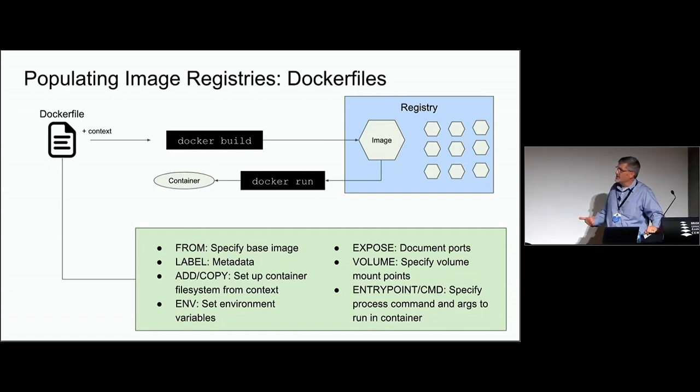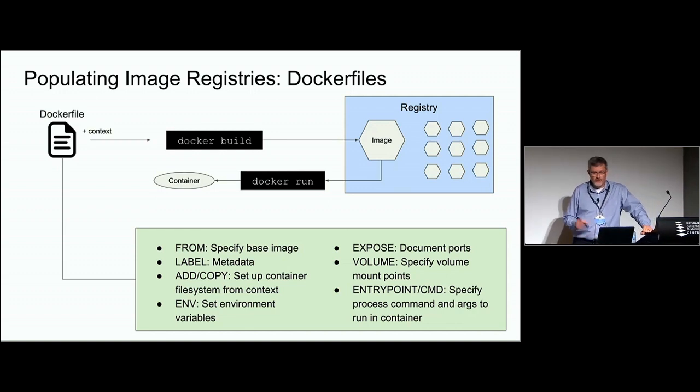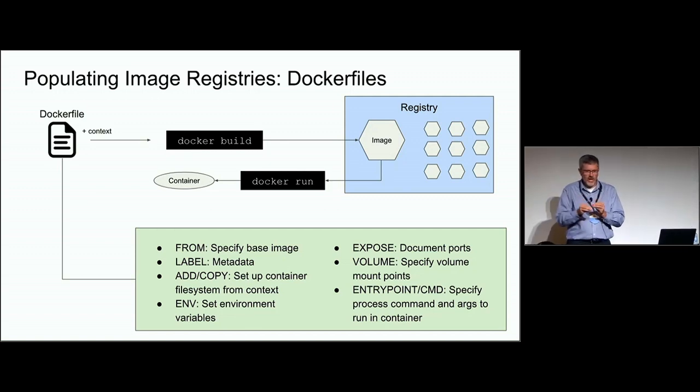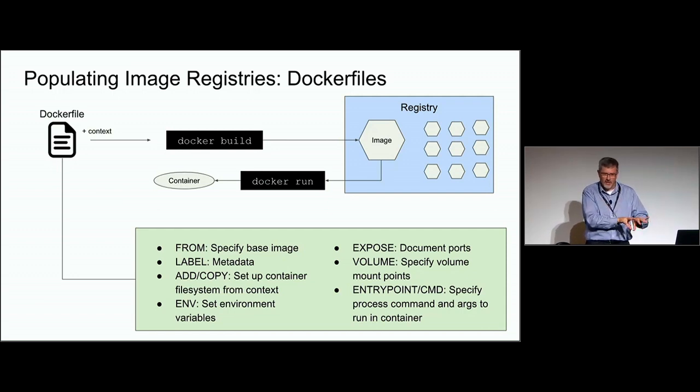You use COPY to copy contents from the context, which is the directory structure at and below where your Dockerfile lives. So when you run docker build, it takes everything that's in that directory structure below there and copies it into the Linux host. It zips it up and copies it in there.